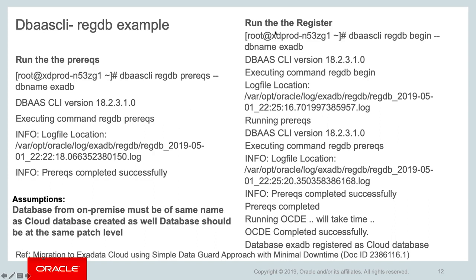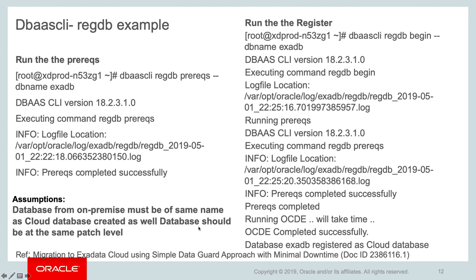For running the register command, you will use diva CLI resdb begin, and it also creates a log file, which you can look at in real time to see what's going on behind the scenes. It runs all the prerequisites checks, and once that is completed, it runs OCD, which might take time, and then it completes. Then you should see a message that the database is registered as a cloud database.